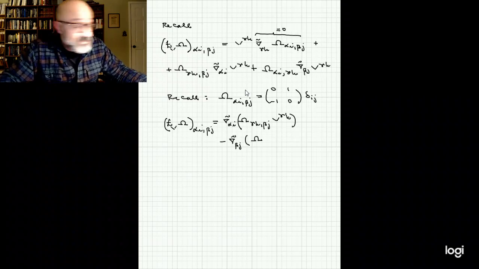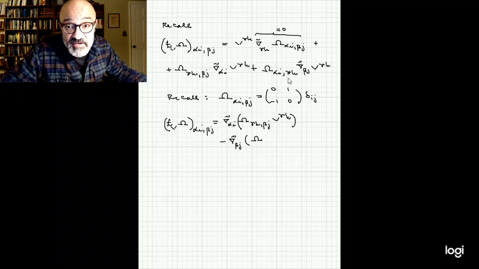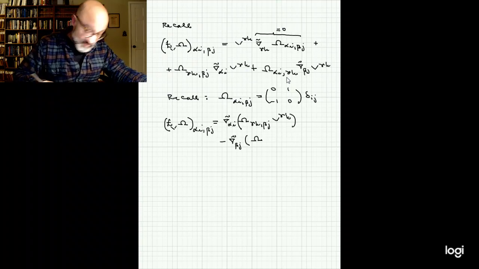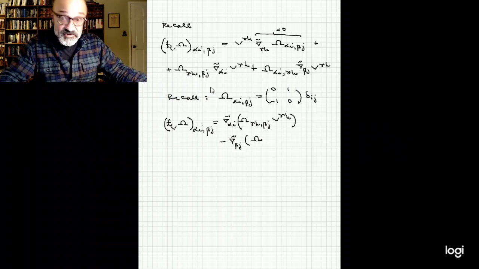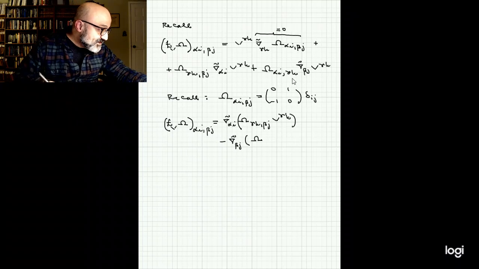Did I do this right? Let me see, alpha i gamma k, yes, this is correct. Oh, I have a minus sign, an error here. Here this contracts with the first, there it contracts with the second. Ah, yes, my error here.